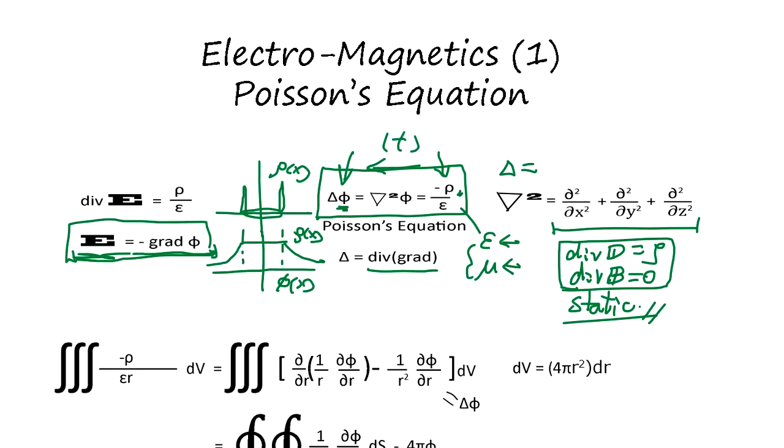So in the static world, these two equations are useful, and if you want to solve the system, they come down to Poisson's equation. Once t comes in, then Maxwell's other equations kick in, like dB over dt.